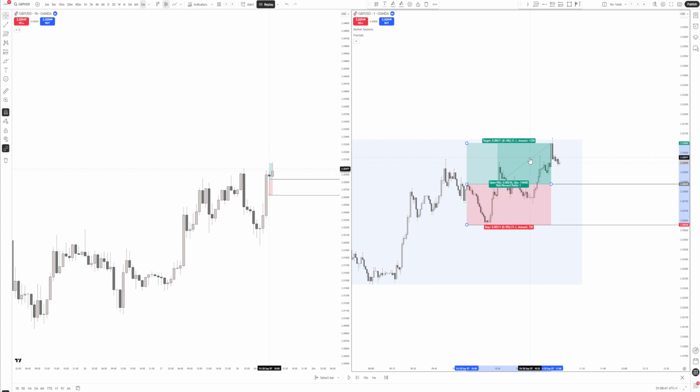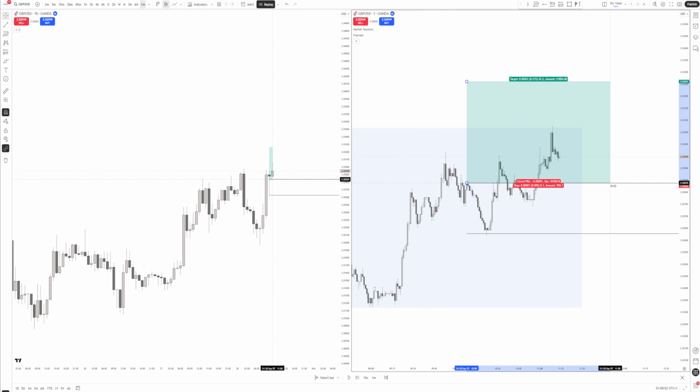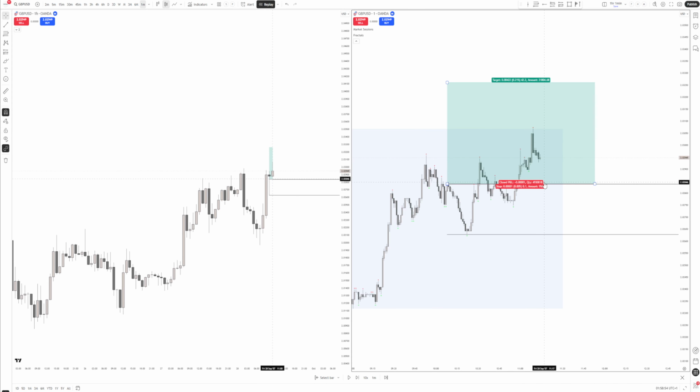You can see we can now move our stop loss to break even. And we can just let the trade play out. Now, it's either going to stop us out, or it's going to win the trade. Let's see what happens. You can see at this point, we won the trade.